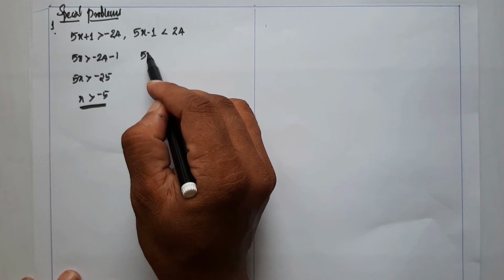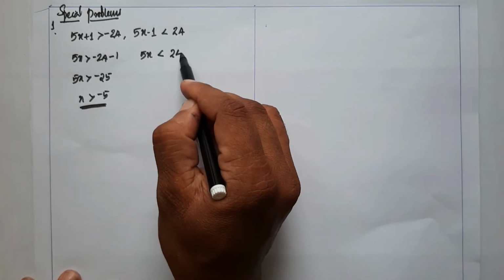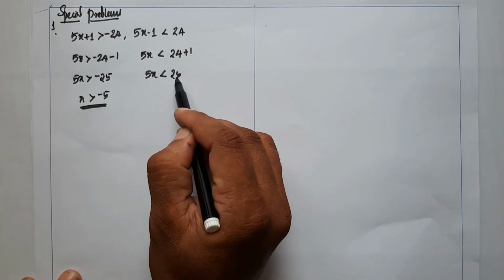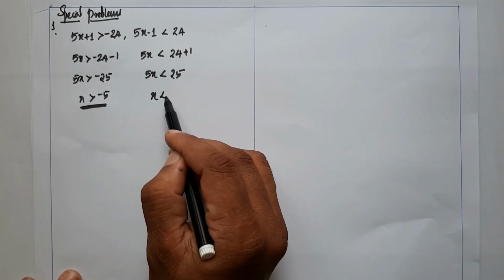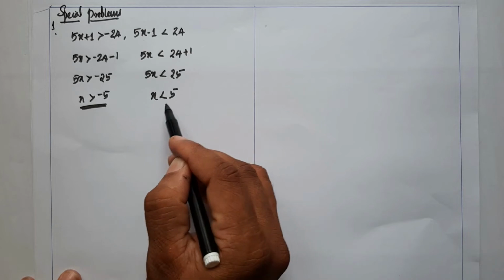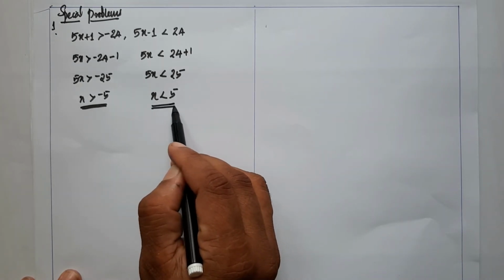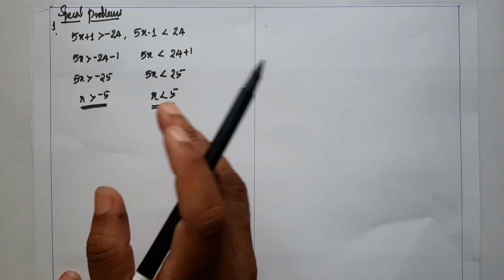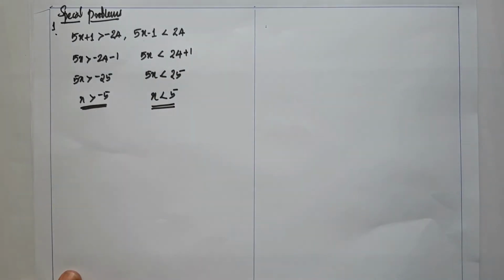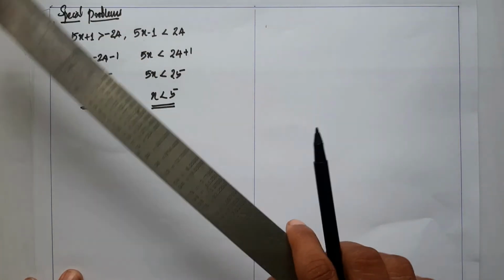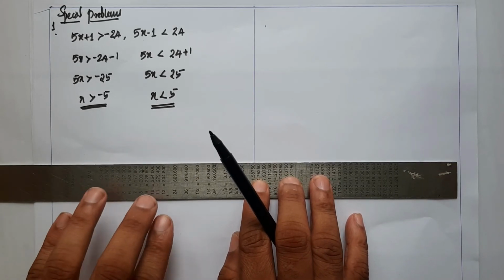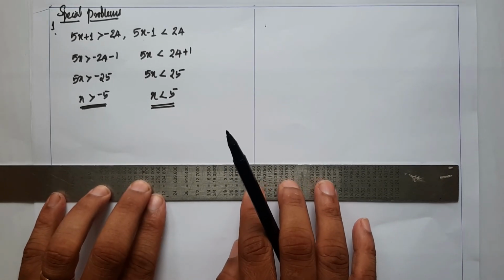Now, second is 5x less than 24 plus 1, and therefore 5x less than 25, x less than 25 divided by 5, we get the answer x less than 5. Now solving these two inequalities, we get two solution parts. The first part is x greater than minus 5 and the second part is x less than 5. Now we plot these two inequalities on the same number line. So first of all, we form a number line.